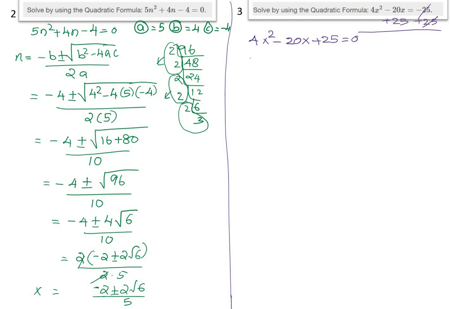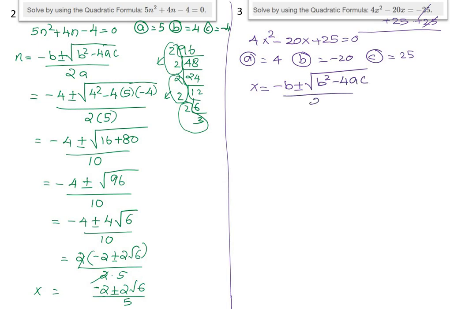Now you know a is equal to 4, b is equal to negative 20 and c is equal to 25, right? So we can solve that equation by plugging the values in the formula. So x is equal to negative b plus or minus square root of b square minus 4ac divided by 2a.